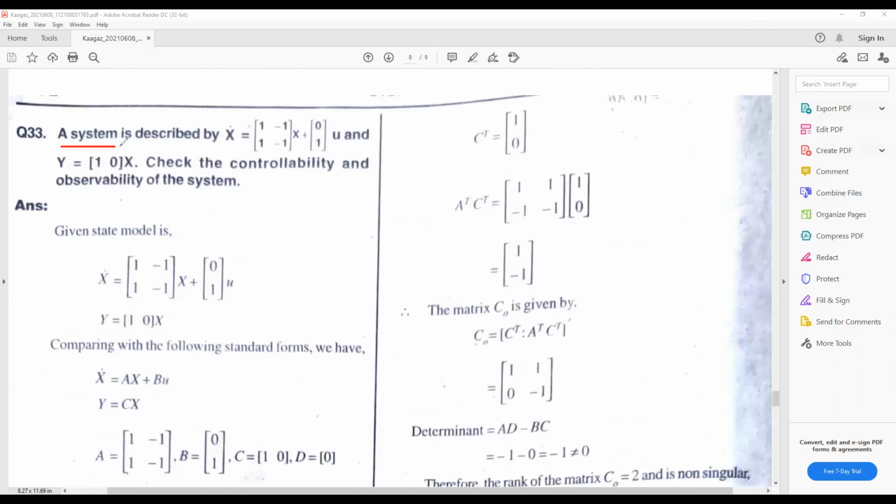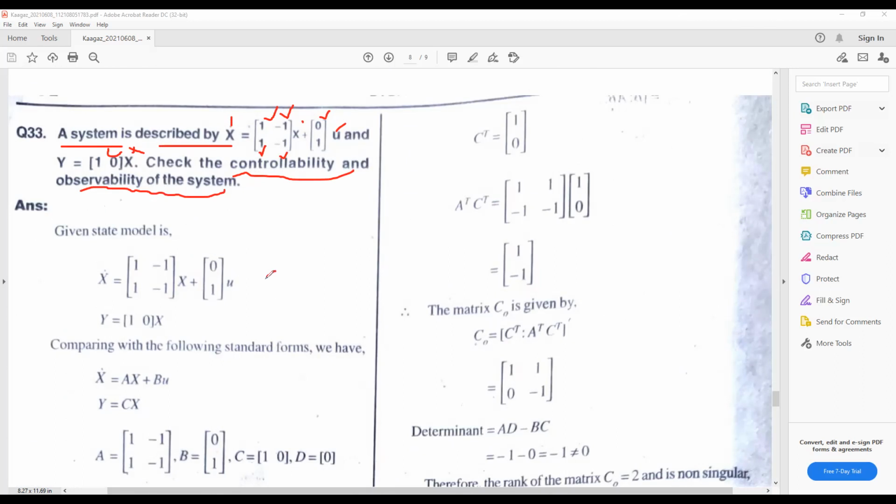A system is described by x dash is equal to A x plus B u and y is equal to C x. Check the controllability and the observability of the system.